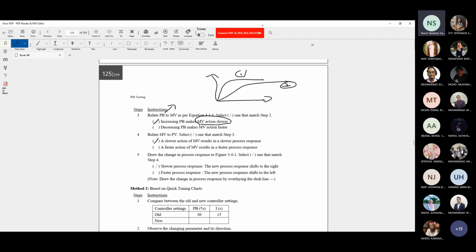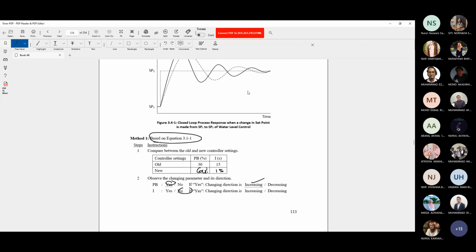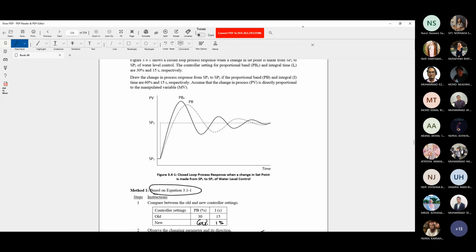So that's why the slower action of MV will result in a slower process response. So for the slow process response, the response we obtain is shifted to the right. So we can draw here.